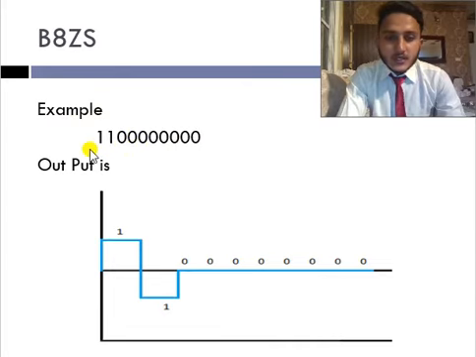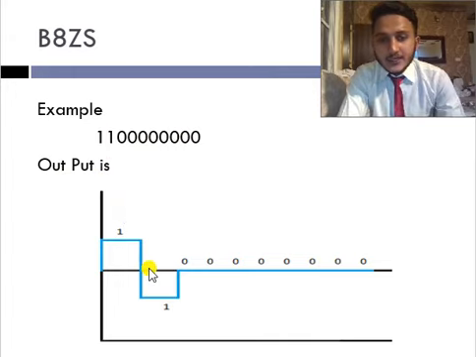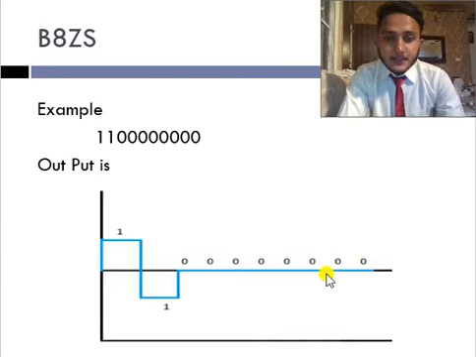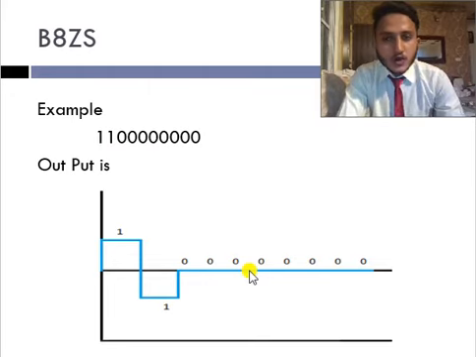The output of this data sequence is 1, which is for the first positive half, and for the next one we take the inverse of the first positive half, which is the negative half, and these zeros are a straight line. In this example the problem is the zero constant line. So in order to solve this problem we use the bipolar 8-zero substitution technique.